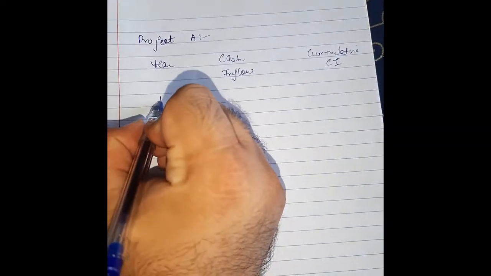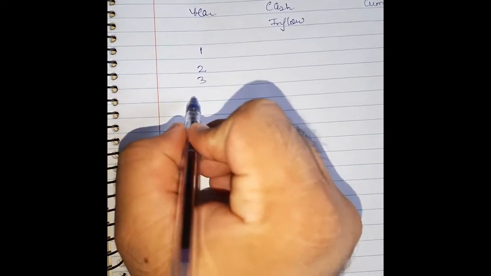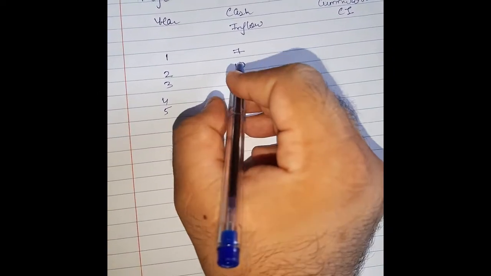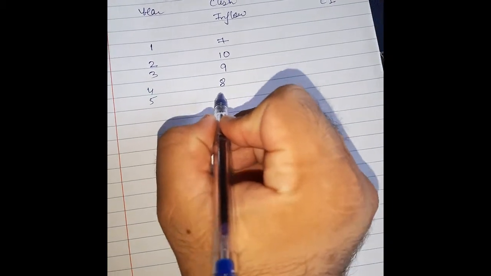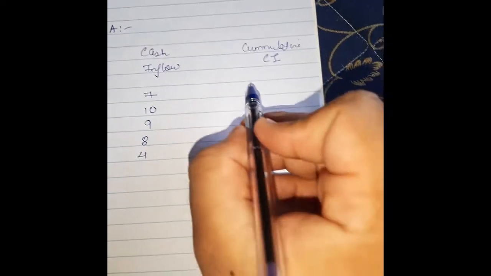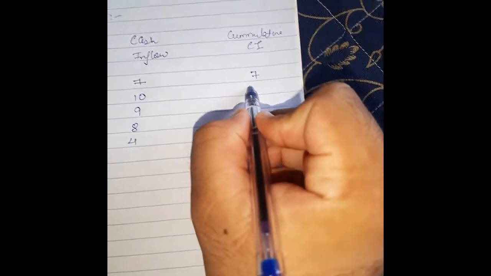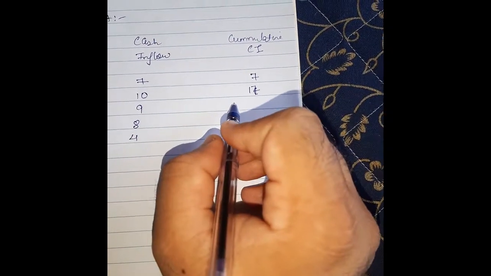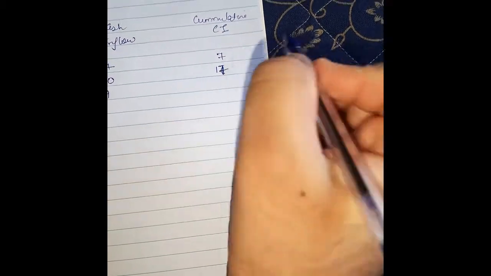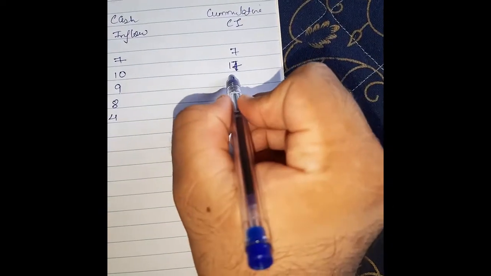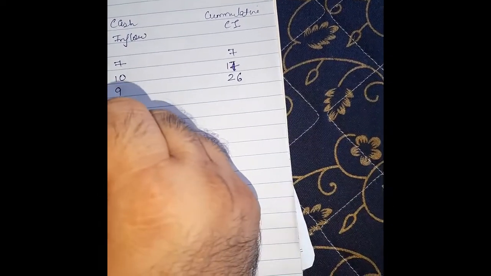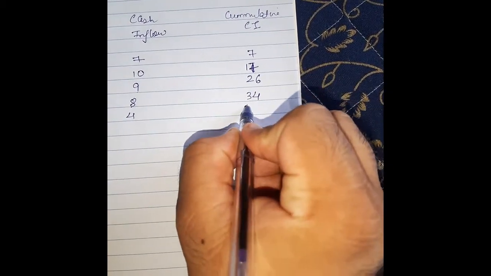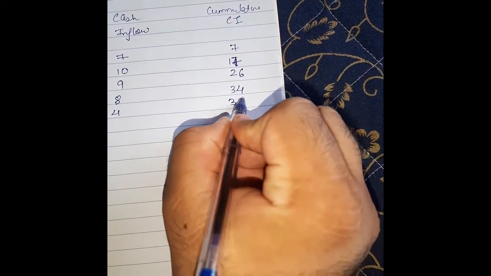Years 1 2 3 4 5, and the cash inflows are 7,000, 10,000, 9,000, 8,000, and 4,000. Now we'll take out the cumulative, which is 7. The second amount will be 10 plus 7, which is 17. 17 and 9 will be 26. 26 and 8 will be 34, and the last amount will be 4 plus 34, which is 38.